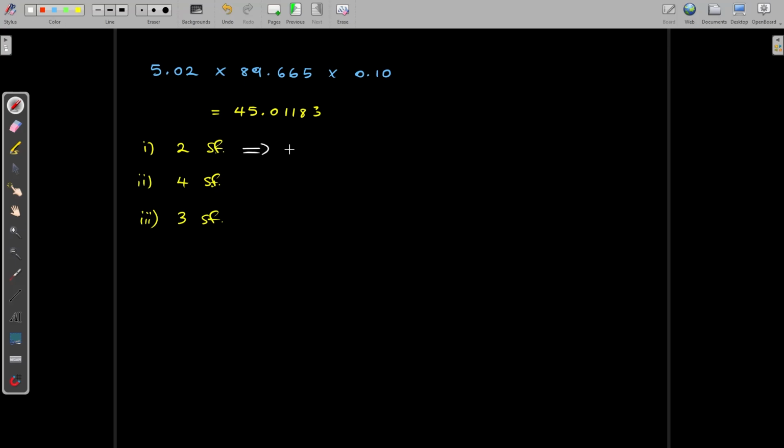To two significant figures, what would this number be?